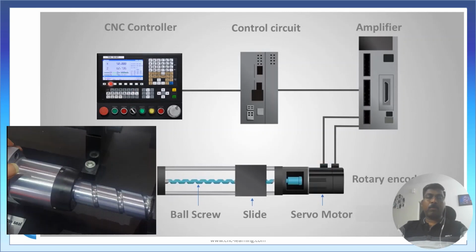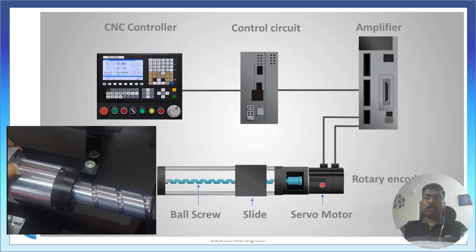And based on the program commands, the controller will issue commands to the control circuit in terms of voltage signals, and that will go to the amplifier and get amplified, and those signals will be fed to the servo motor, which is connected to a rotary encoder.